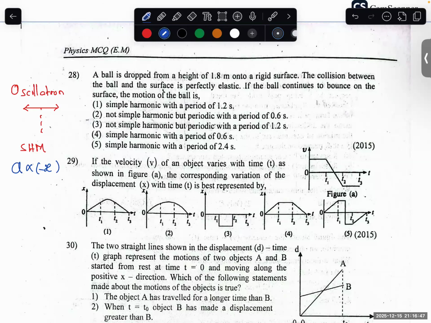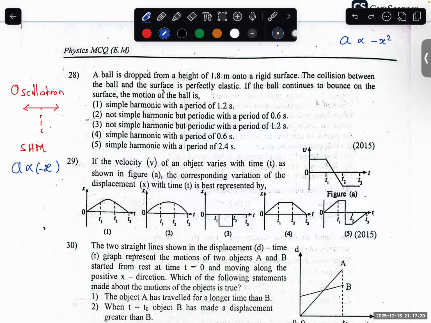So that needs an equation proof to say something is SHM. It cannot just be an oscillation. Not all oscillations are SHM. In some oscillations, a can be directly proportional to minus x squared. That will also be back and forth and will have a center, but it is proportional to the square, not exactly simple harmonic motion.